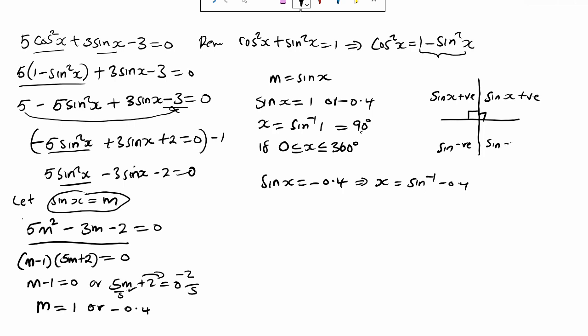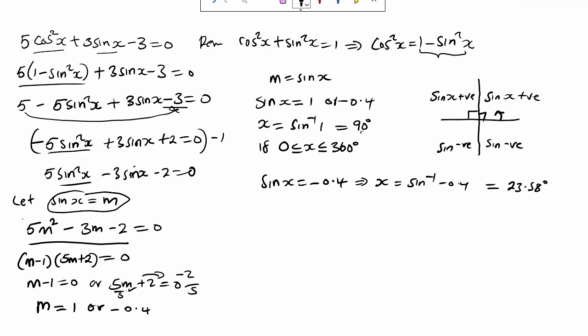And the value of sine inverse of negative 0.4 is usually negative 23.58 degrees. Negative just means that the angle is measured in the clockwise direction, but you usually start measuring from here in the anti-clockwise direction.